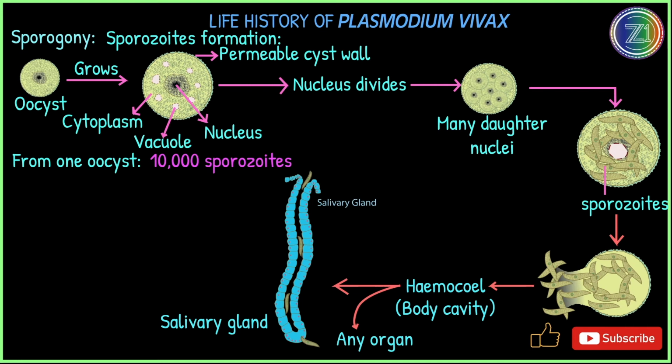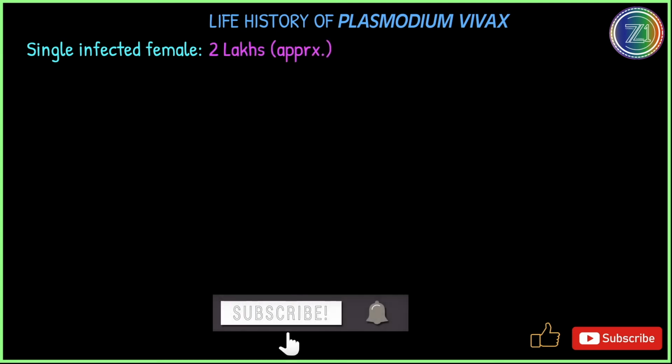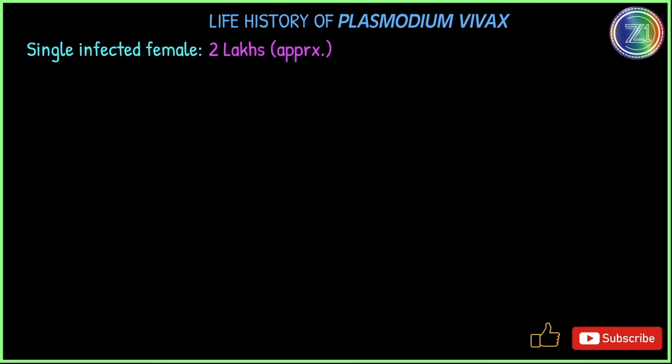If I talk about statistical data, how many sporozoites are there in one single infected mosquito? A single infected female has around 2 lakh sporozoites in its salivary glands.